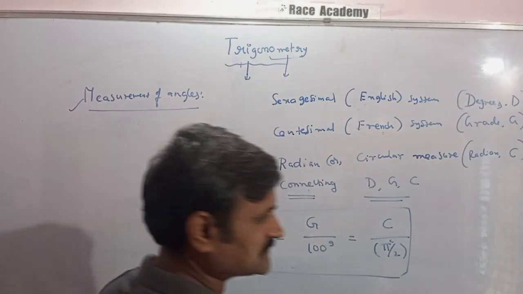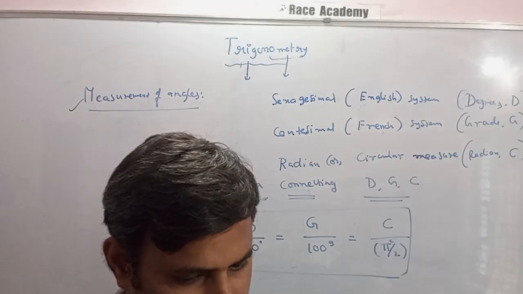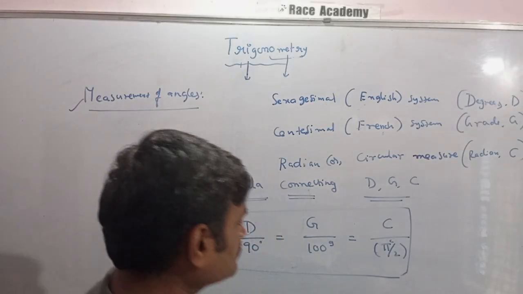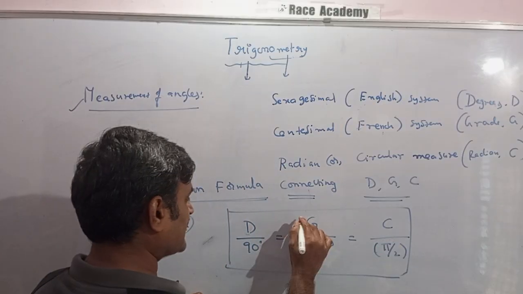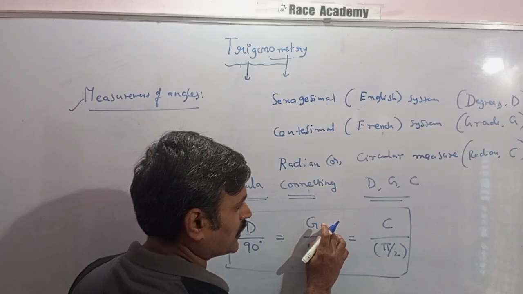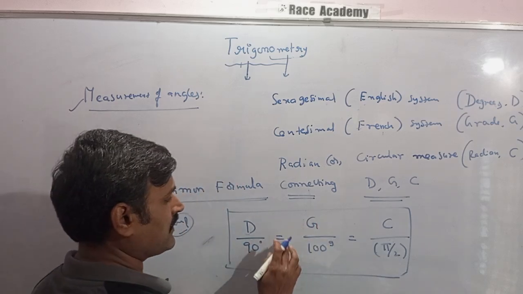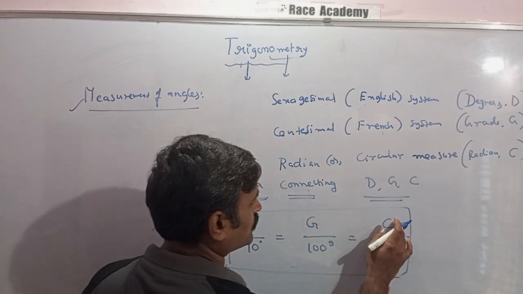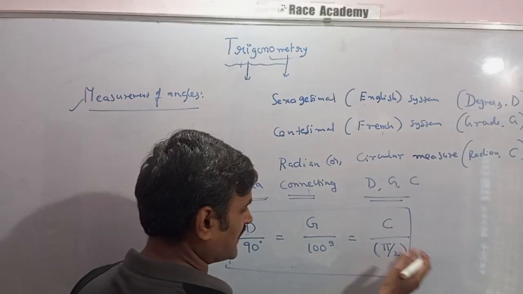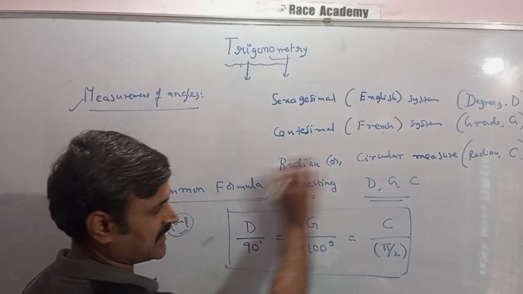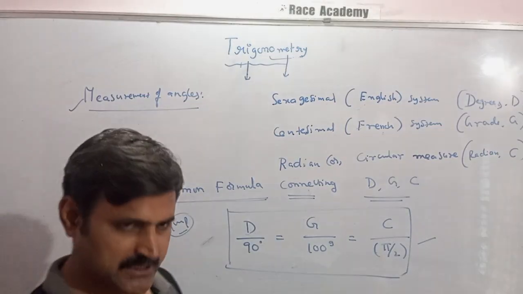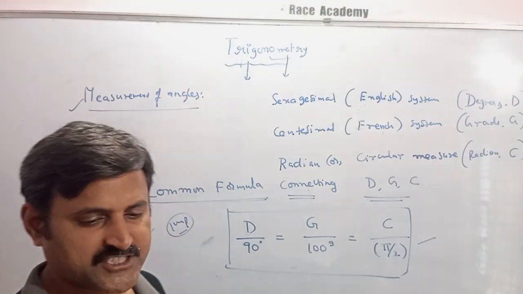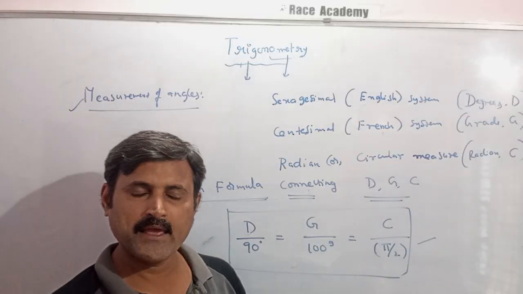Practice all the symbols. If degrees are given, you can convert to grades or radians; if grades or radians are given, you can convert to degrees from this formula. It is the most important formula for competitive examinations and foundation examinations.